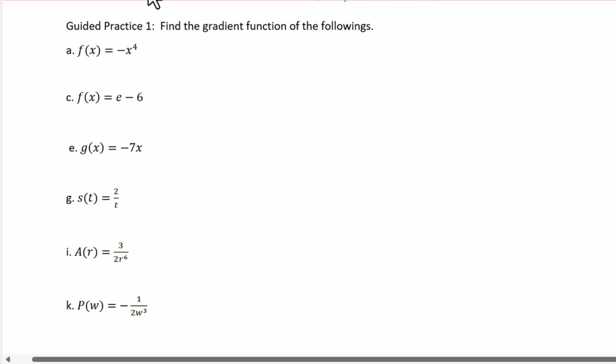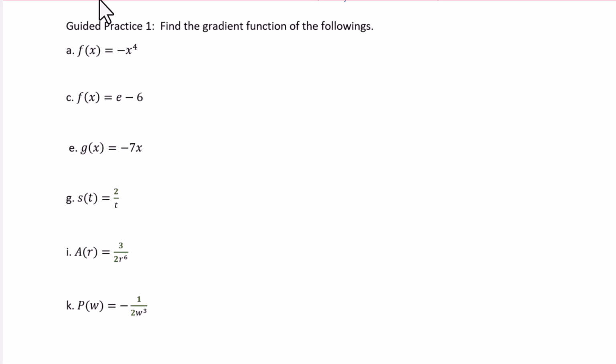Guided practice 1. Find the gradient function of the followings. A. F prime of x equals negative x to the 4th power prime. Drop down the exponents, then minus 1. 4 minus 1 is 3.